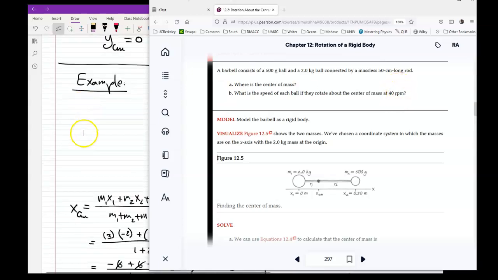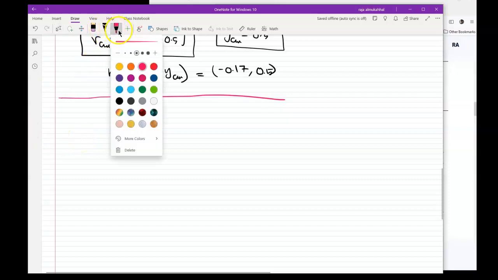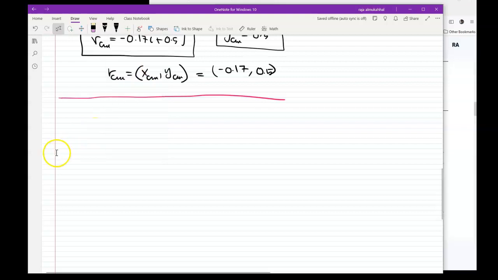So let me just go back and change the color. Continue. So here we have the frequency is, I forgot it already, sorry. What is it? 40 RPM. So that would be 40 rev per min, correct? And I just delete the min and make it sec.